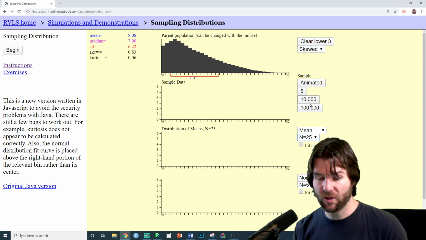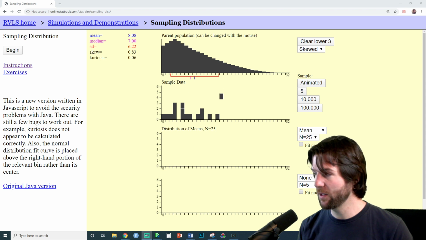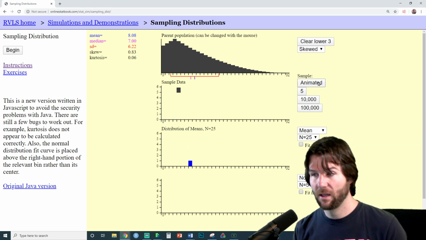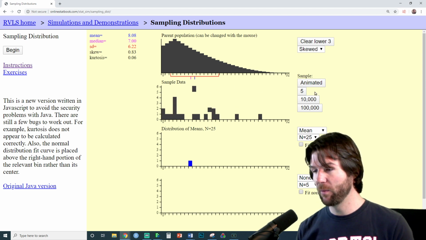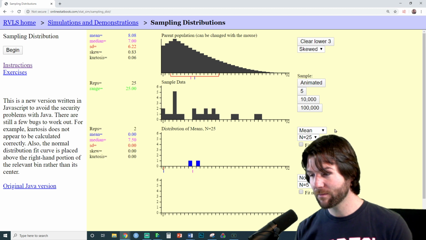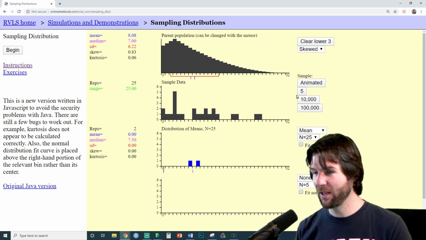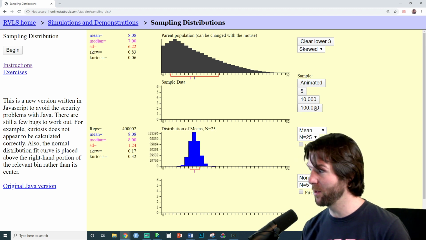The distribution of the mean will be more what? According to the central limit theorem, the distribution of the mean will be tighter and more normal. The top thing here is skewed, but the distribution of the mean is tighter and more normal.